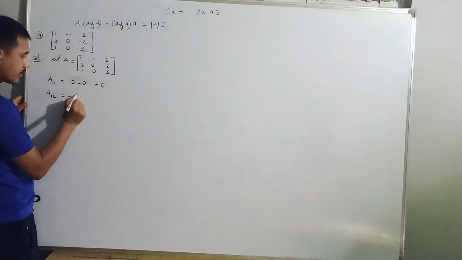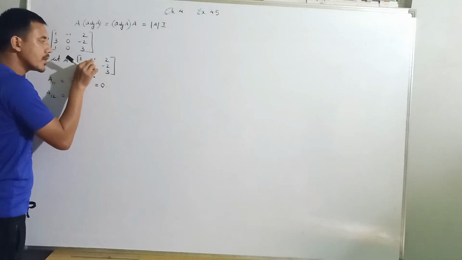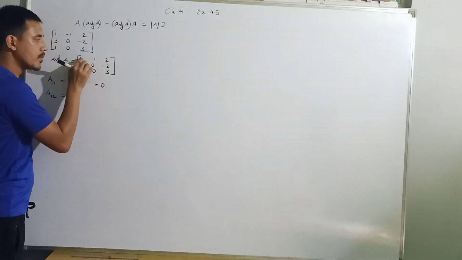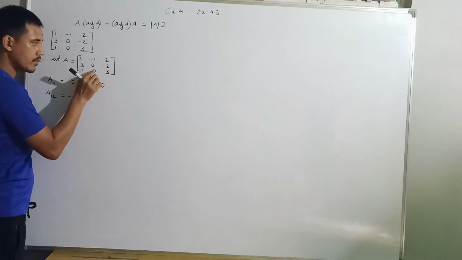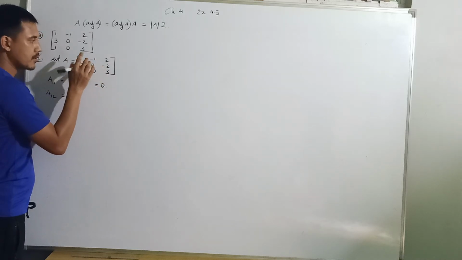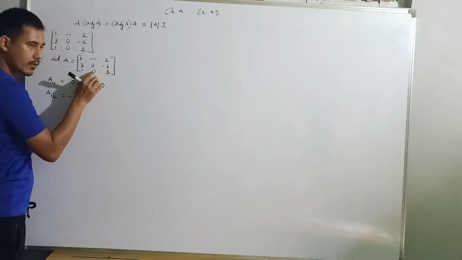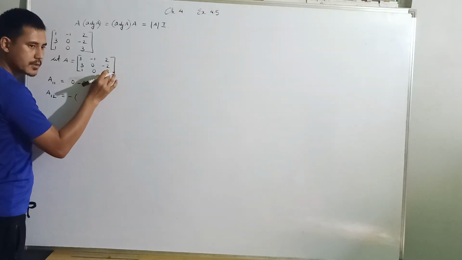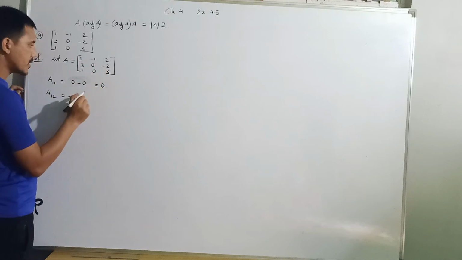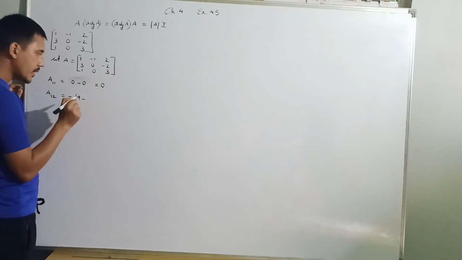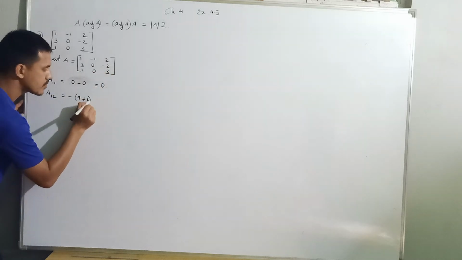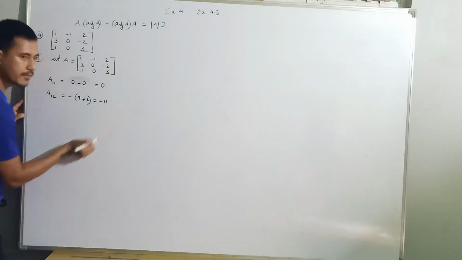The minor of this element: it belongs to first row, second column, so you neglect the first row and second column and find the determinant of the remaining elements. 3 times 3 is 9, minus 1 into minus 2, minus 2, so plus 2. So that's minus 11.